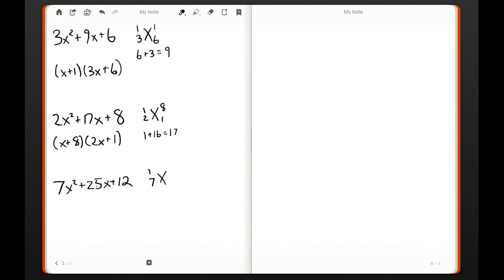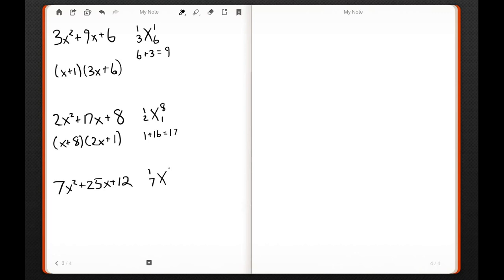So 25 is pretty big, but considering there's a 7 here, it's not really that big. So we can assume that we're going to have the smaller number across from the 7. So now the question is, which smaller number is it? It's either going to be 1 and 12, 2 and 6, or 3 and 4.